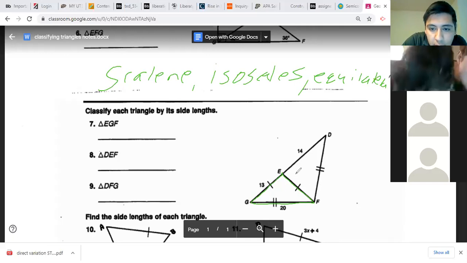So EGF. Let's think about that. We have two sides that are 13, and this side that is also 13. So we have two sides that are the same and one that is different. What kind of triangle would that be?